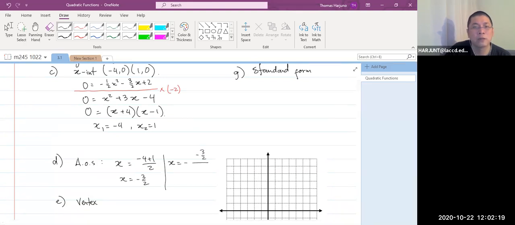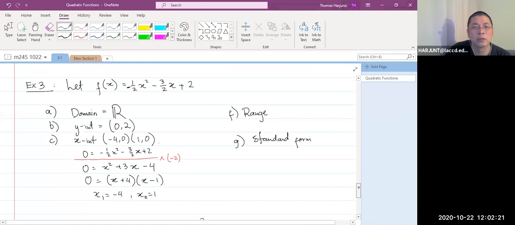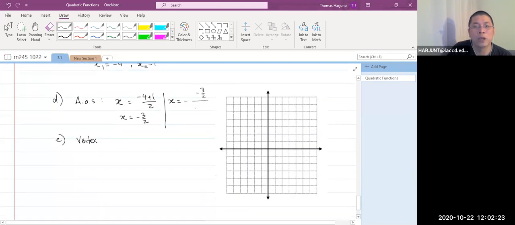My b is negative 3/2, over 2a. So x equals, there are 3 negatives, so it will be negative 3 over 2 at the top, 1 at the bottom. So x equals negative 3/2 anyway. The same as what we got earlier.